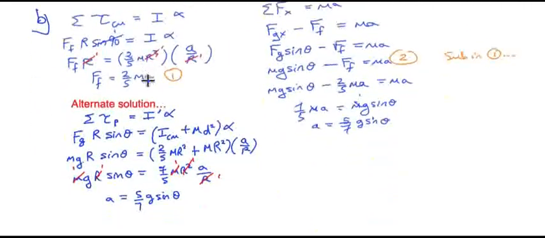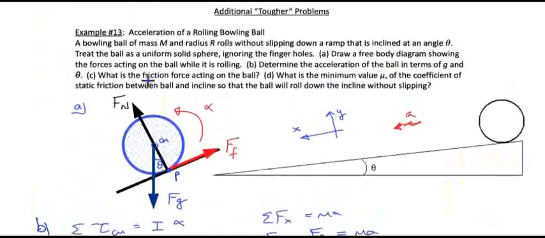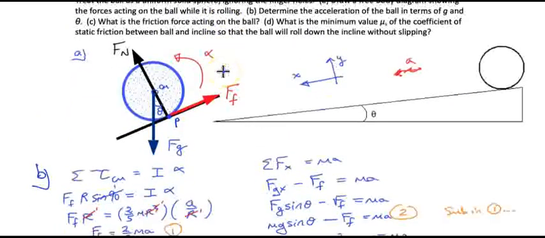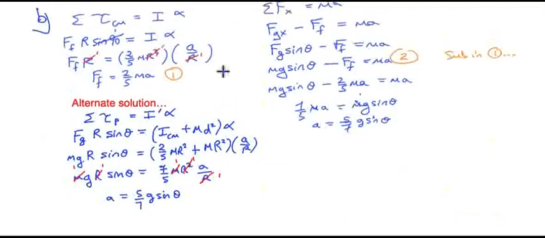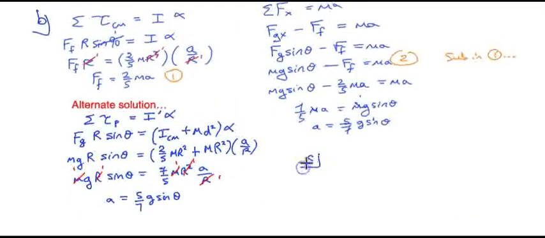write the frictional force in terms of the given variables, which are like m and r and g. All right, so how can we write the frictional force? So part C, we have the frictional force can be written a couple ways. You could either use just Ff equals 2/5 ma, or you can use this expression. This one looks simpler, so I'll just write Ff equals 2/5 ma.